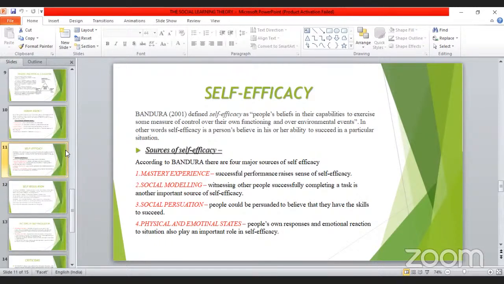For example, a highly skilled cricket player gains little self-efficacy by defeating a clearly inferior opponent, but gains much higher self-efficacy by performing well against superior opponents. So if we perform very positively against difficult tasks, our sense of mastery and accomplishment will increase, and this helps us to increase our sense of self-efficacy.